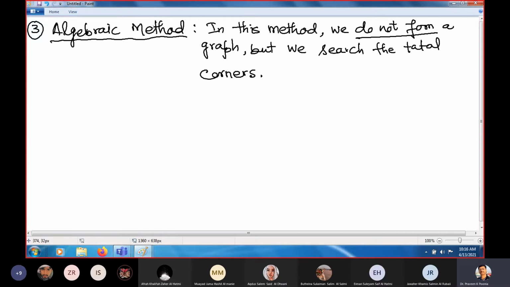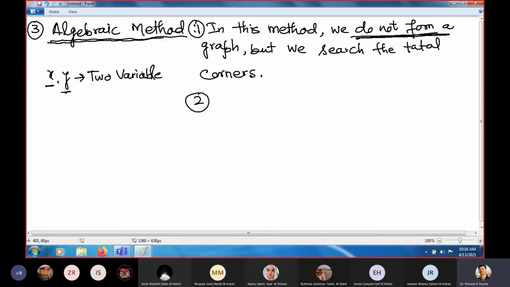What is the good thing about algebraic method? Good thing is, number one thing, we do not form a graph. This is the point number one. That is important point. What is the point number two? If you remember, in graphical method, we can solve only two variable problem. All equations are given in terms of x and y. Clear?